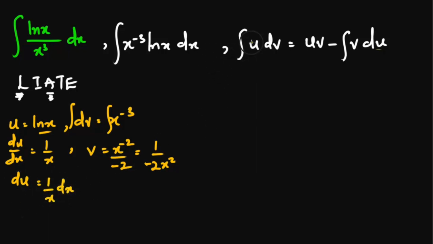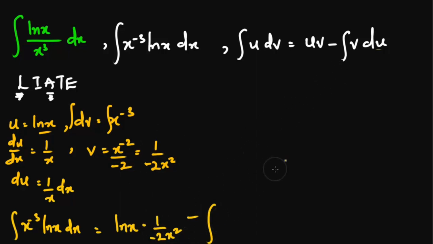Alright, so when we come back to our integral, we have the integral of x to the power minus 3 ln x dx equals u, which is ln x, multiplied by v, which is this guy right here, 1 over minus 2x squared, and then minus the integral of v, which is 1 over minus 2x squared, multiplied by du, which is 1 over x dx.